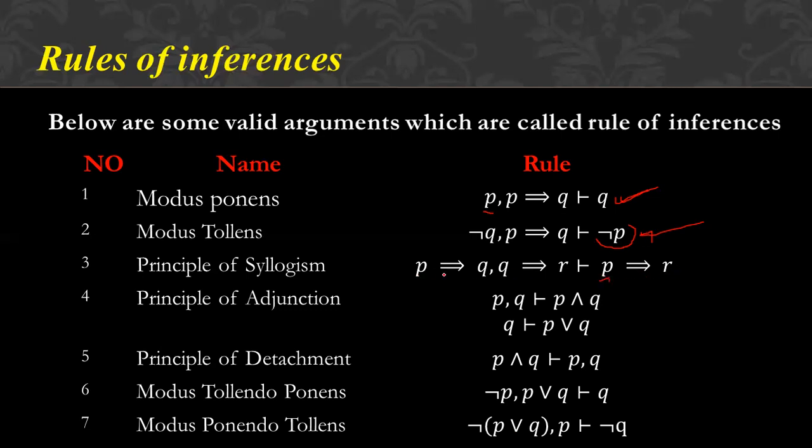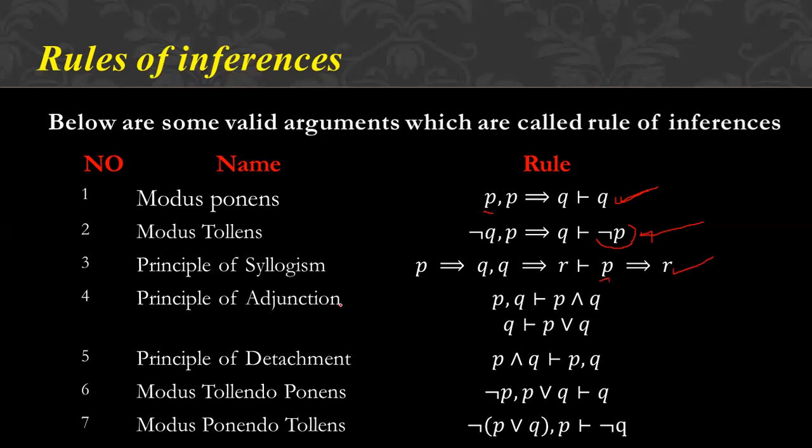If we assume that both P and Q are false, what will happen? R can be either true or false. Because P is false, whatever the truth value of R is, false implies R is always true, therefore this is a valid argument.